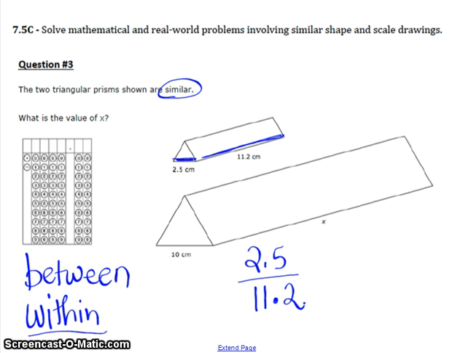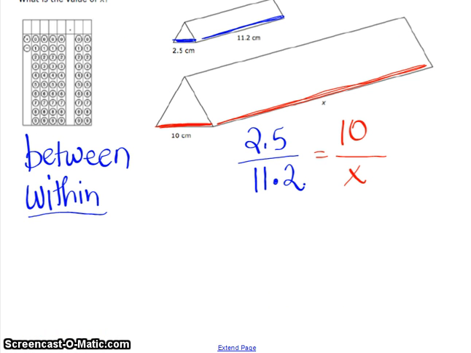There's my first ratio, and this one is written within the shape. Now when you come to the second side, or the bigger triangle, you have to follow the same order. So I started with the base of the triangle over the long side of the triangle, and so that is my x. So there you have your proportion set up.